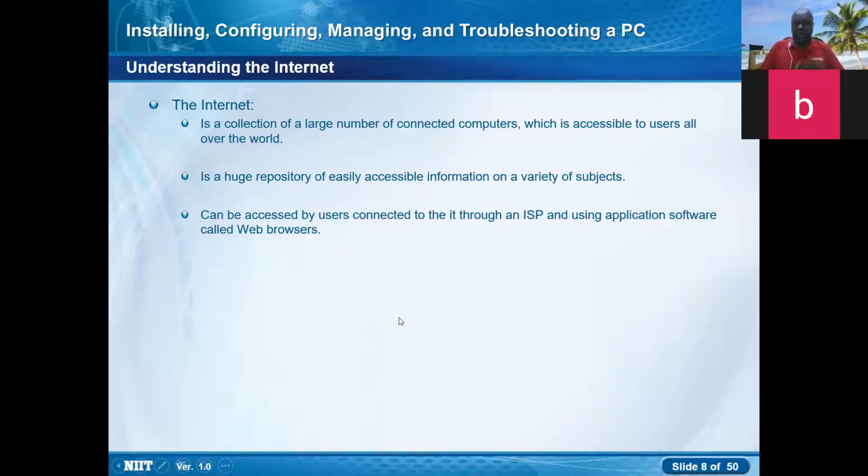Then we talked about the internet, which we said is the global network of computers which are connected so that they're able to exchange information worldwide. Now, the internet is a network. And on this network, there are a number of services provided.